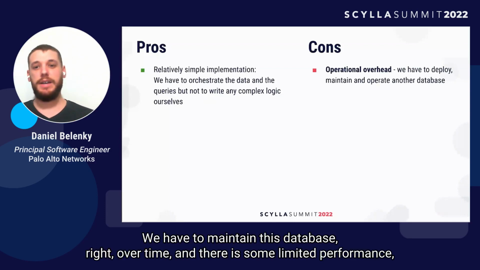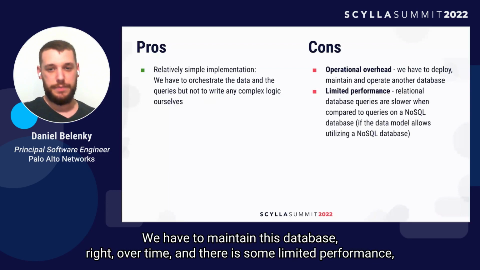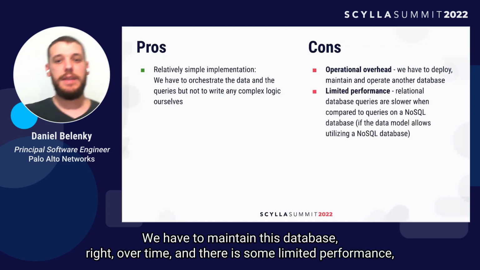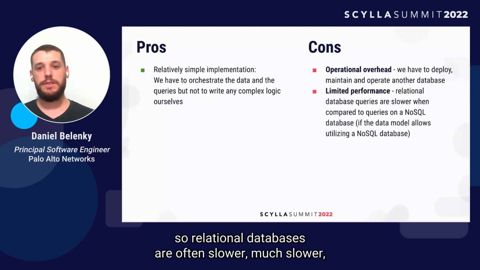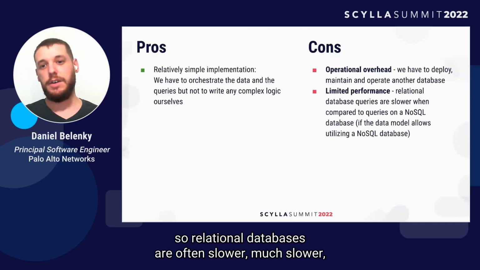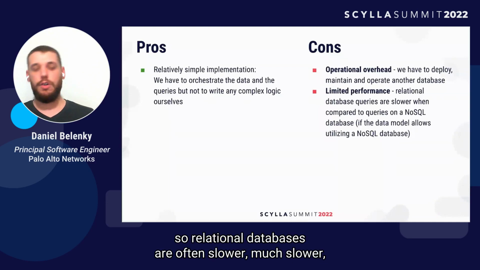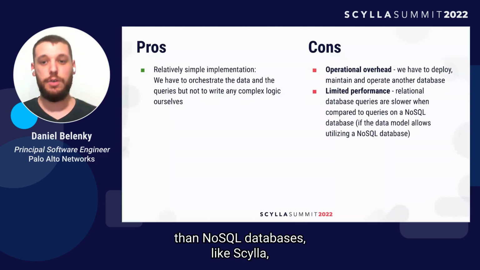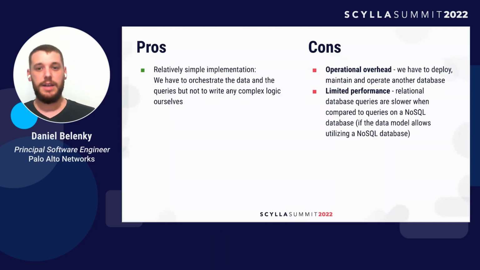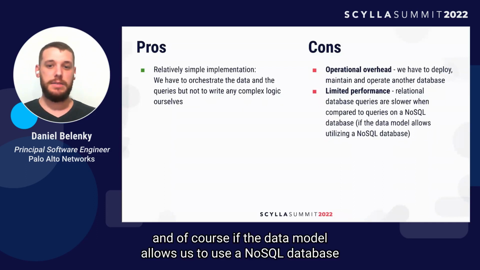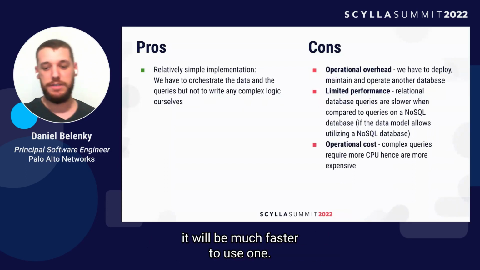We have to maintain this database over time, and there is some limited performance. Relational databases are often slower, much slower than NoSQL databases like Scylla. And of course, if the data model allows us to use a NoSQL database, it will be much faster to use one.